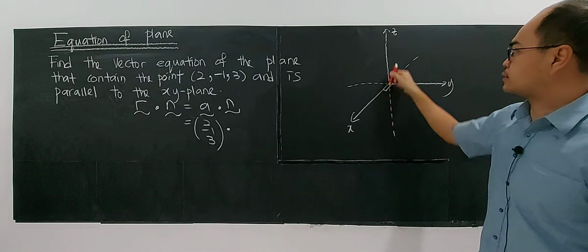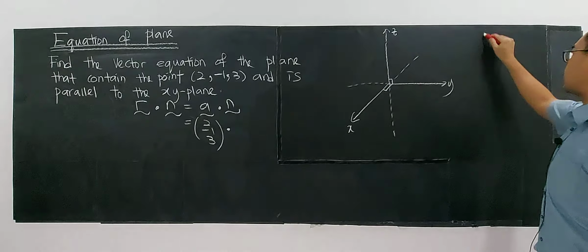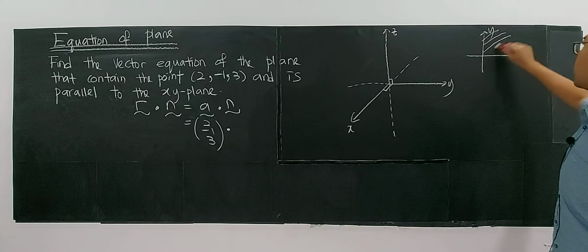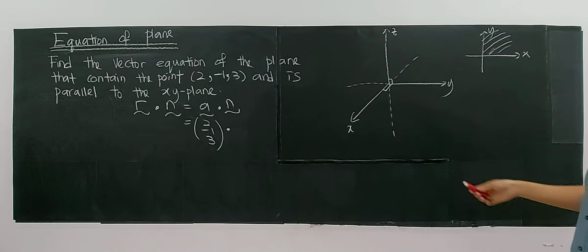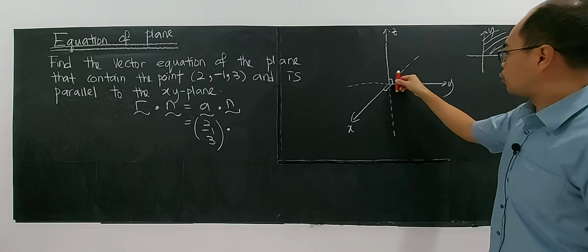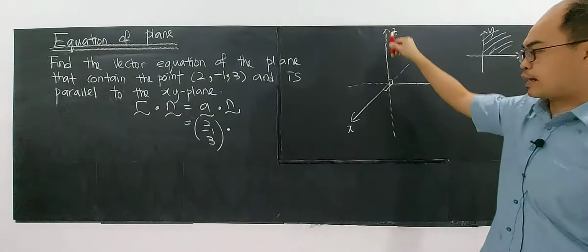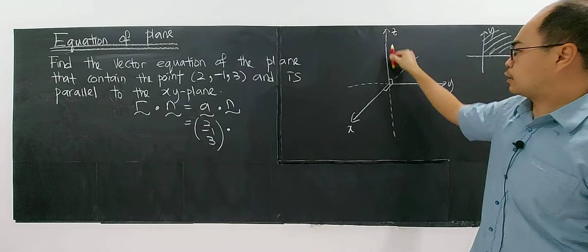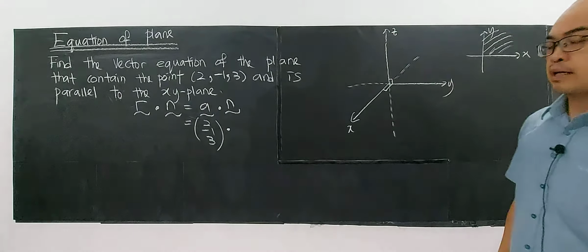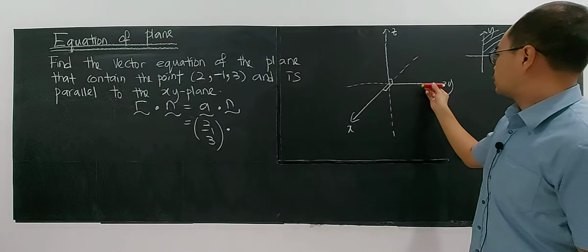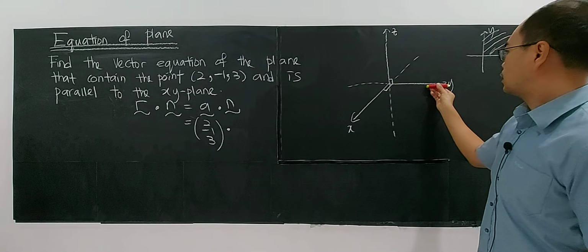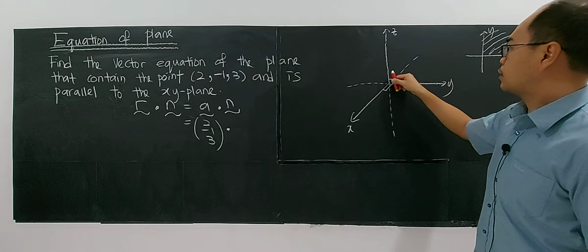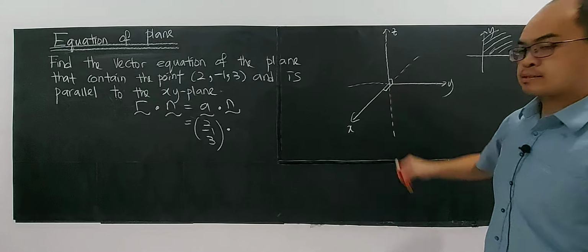Just like the Cartesian plane, the xy plane has a normal that will be the z-axis, or the unit vector k. So the unit vector represents the z-axis, and the y-axis will be the normal of the xz plane.